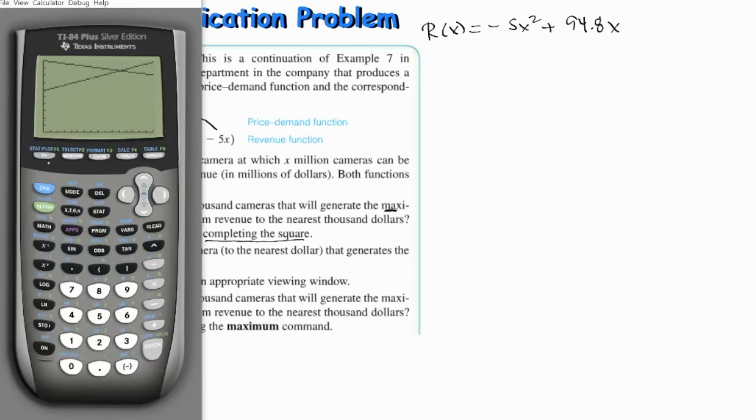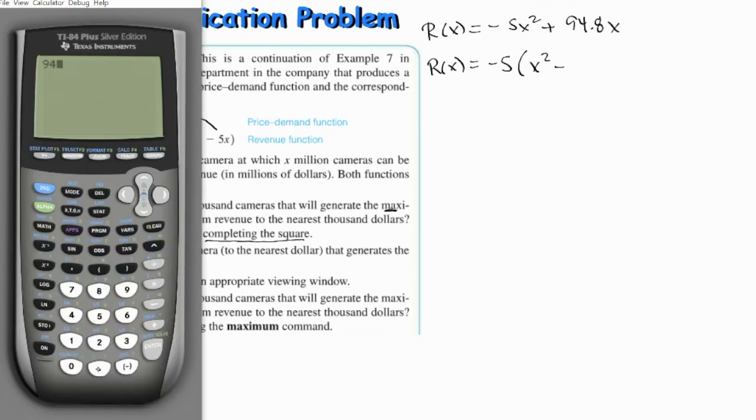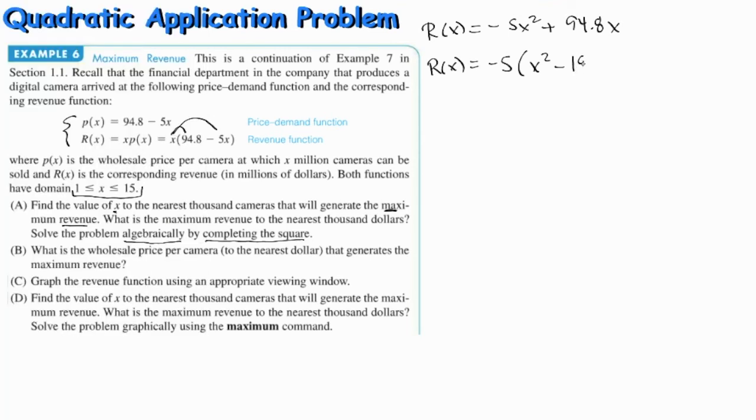We'll go back to our calculator. Let's clear everything out. And we're going to factor out that negative 5. So we have a lead coefficient of positive 1. And when we divide 94.8 by negative 5, we get negative 18.96x.